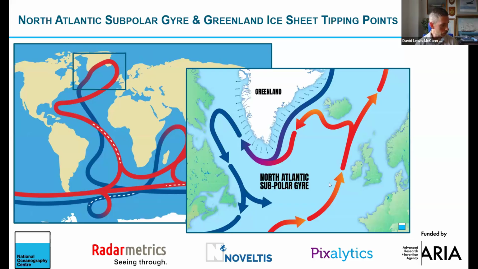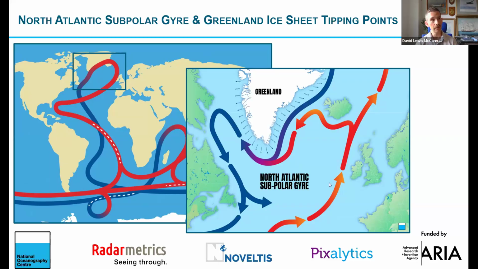So the whole MO of the program, we're funded as part of a program called Forecasting Tipping Points, which is looking to forecast or observe indicators of tipping in the North Atlantic climate system, specifically around the Greenland ice sheet and the North Atlantic subpolar gyre region. This is a region that is really on a knife edge in terms of its health, its heartbeat presently.